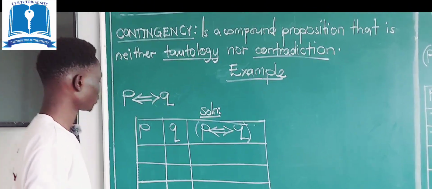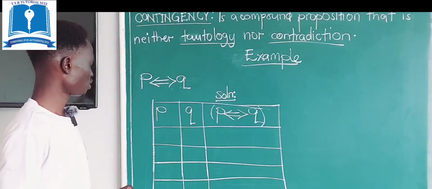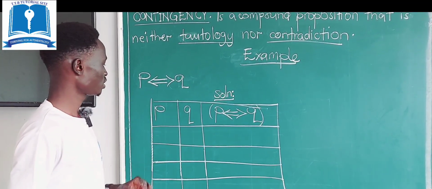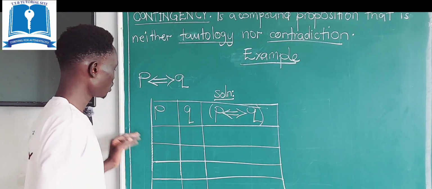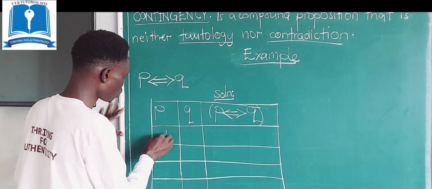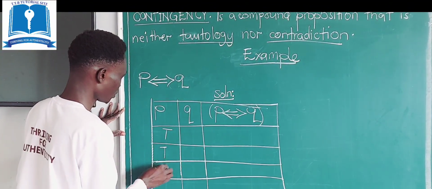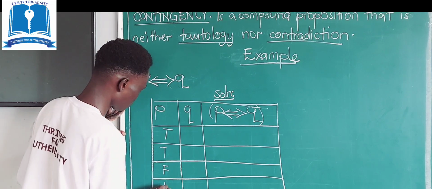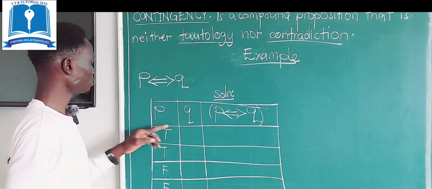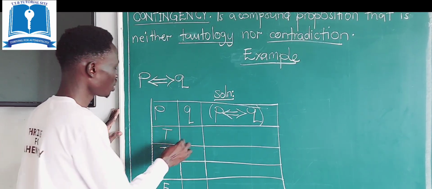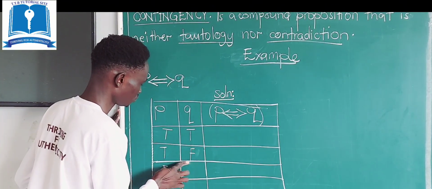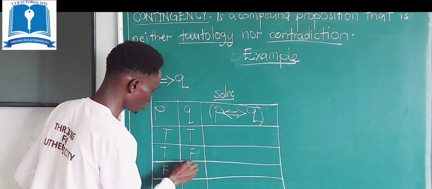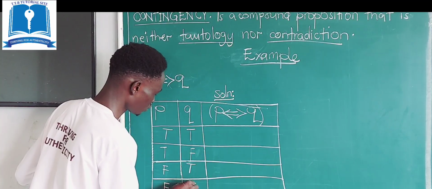So now we got this. Now it is P and Q, then this. For P, it will have true, true, then false, false. Then also Q, it will have true, false, true, false.